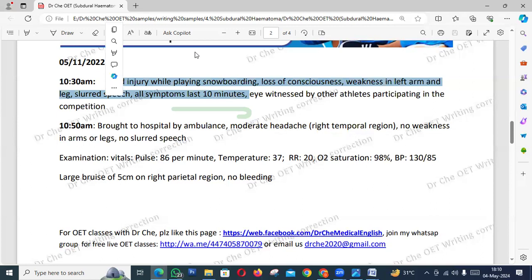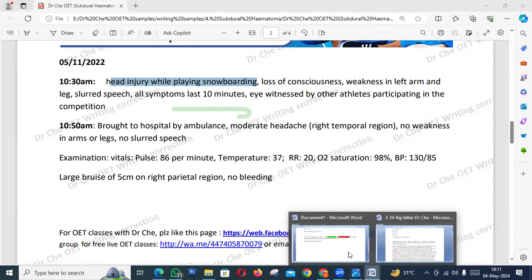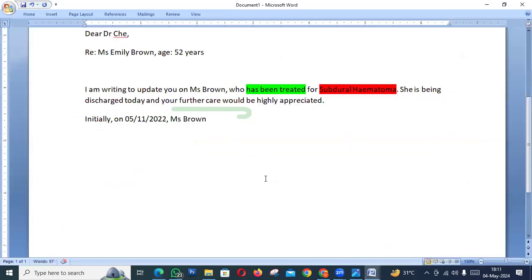But what mostly doctors and nurses will do is write like this: on this date, at this time, Miss Brown had a head injury while playing snowboarding. I will tell you, because I have marked a lot of letters and I know what mistakes you people make.